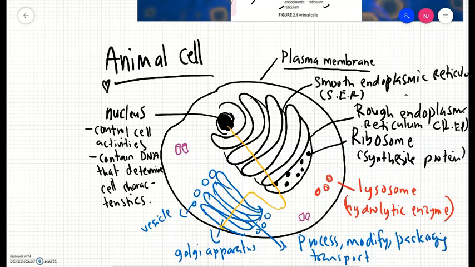So we label it as centriole. This centriole is only available in animal cells. There is no centriole in plant cells, only in animal cells. Okay, so we're going to look at plant cells.